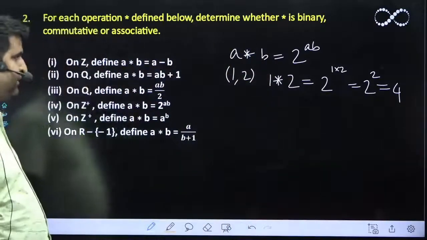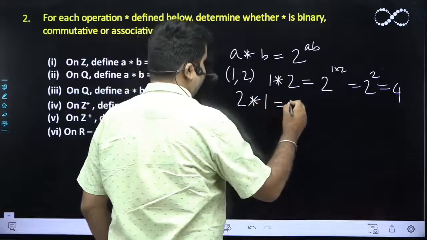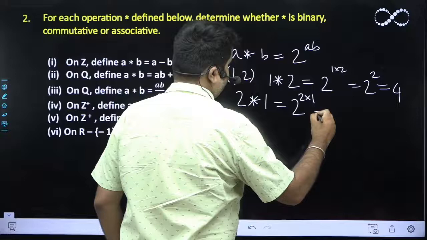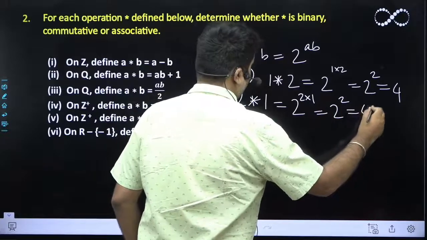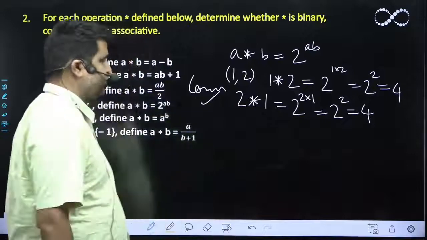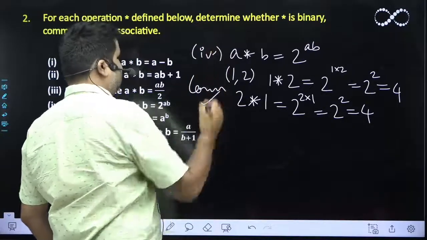So this is pretty simple. What is 2 star 1? It will be the same thing. 2 to the power 2 into 1, 2 square is equal to 4. So this is commutative for sure. Okay.